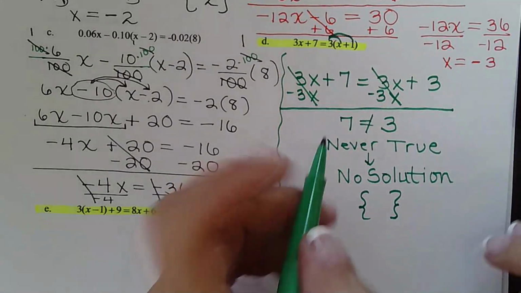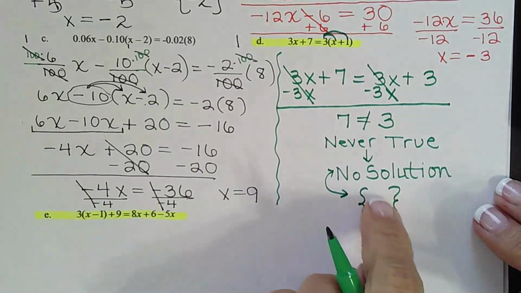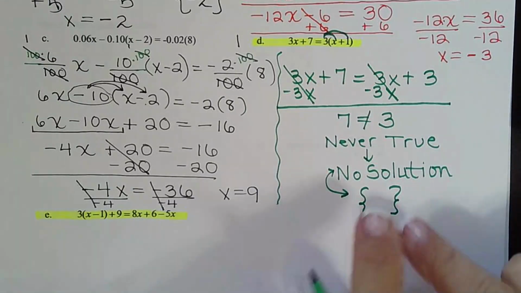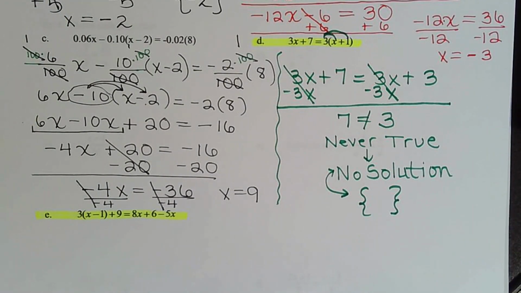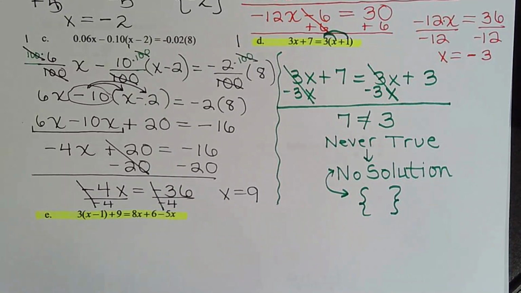And it all depends on ALEKS. If it gives you the no solution option in a drop-down menu or in the toolbox, you pick it. If it doesn't, you click on the solution sets in the toolbox and leave them empty. So that's how we write no solution in college, either with the verbiage or with the empty set symbols.